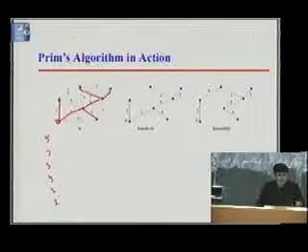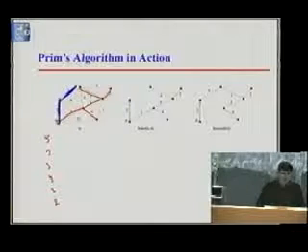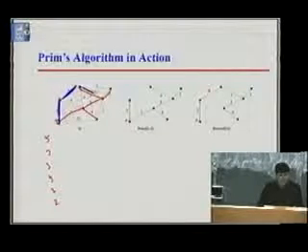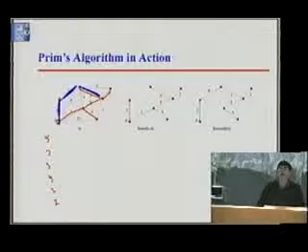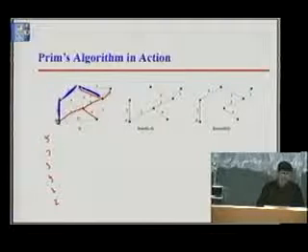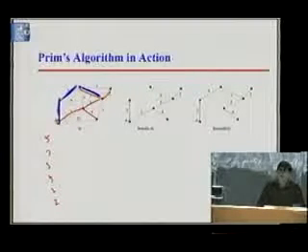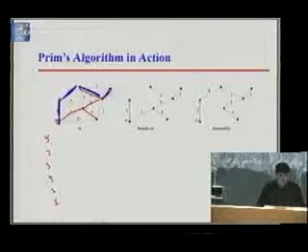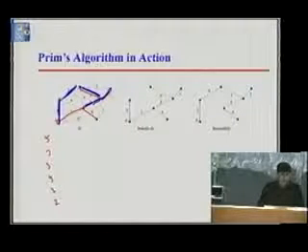Notice we could have done it a different way. What if we had taken the different route? We started out taking that edge. Suppose we had picked this one. Now what is the cheapest thing in the fringe? Does everybody agree that it's now that edge? And now what's the cheapest thing in the fringe? 2. And now what's the cheapest thing in the fringe? 3. And now what's the cheapest thing?